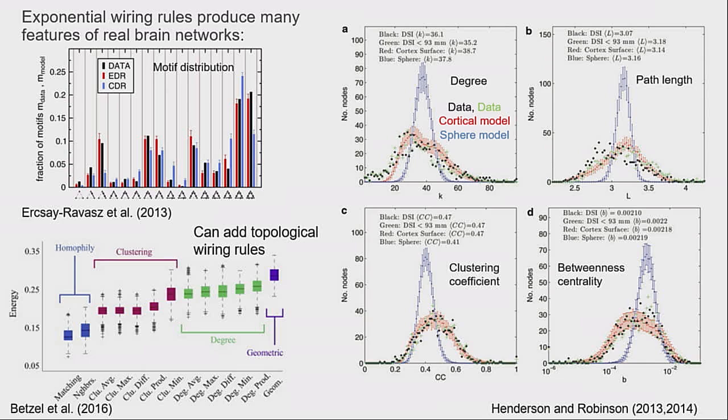Then you get the next big leap in how well your model represents the real networks. I think that's a really nice example of having a hierarchy of models, where you ask successively more refined questions about what sort of wiring rules give you the connectome.